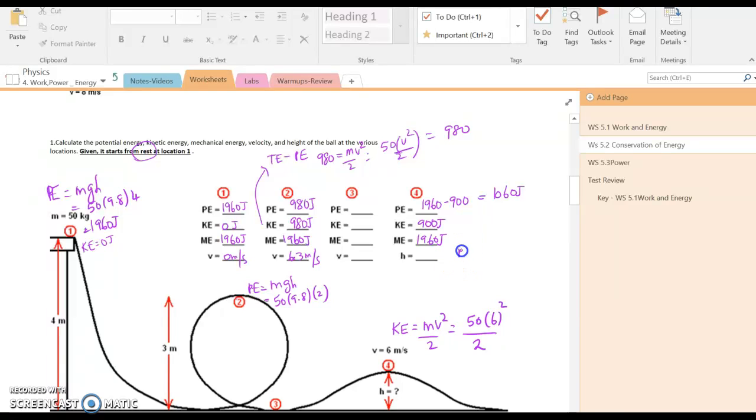Yes, because we know that mass times gravity times height is 1060, and mass is 50 times 9.8 times height is 1060, so we can solve for the height as 4 meters.